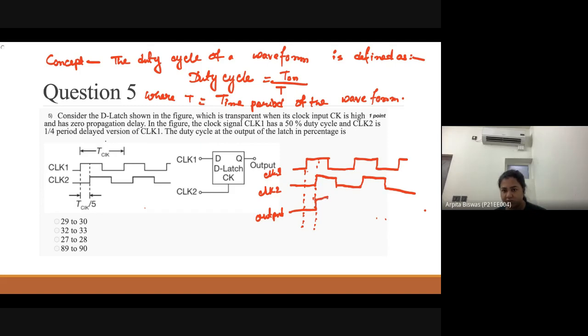Up to this it is high, right? Then up to that, it is also high, up to this. Then you can also draw this.